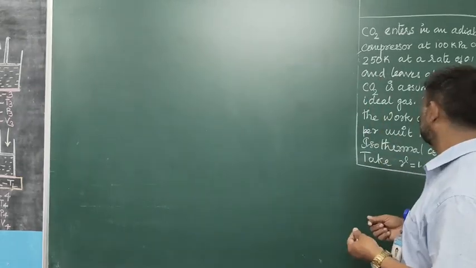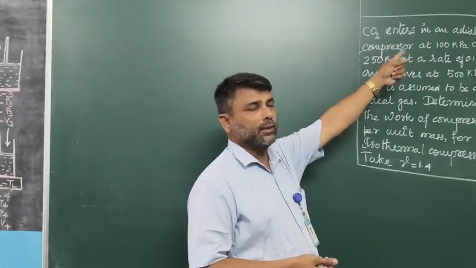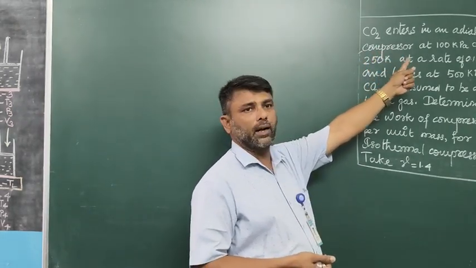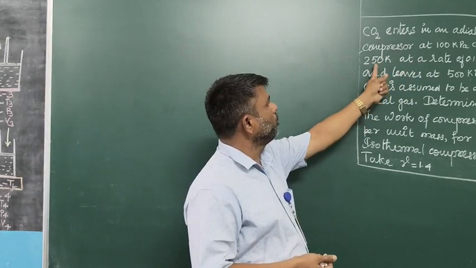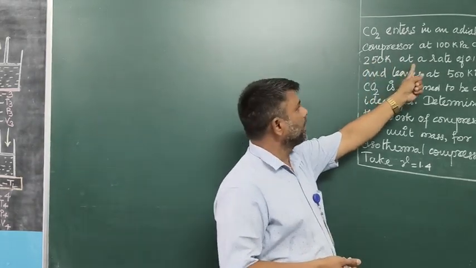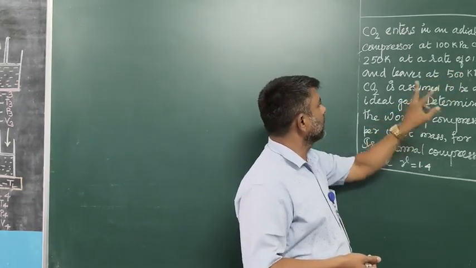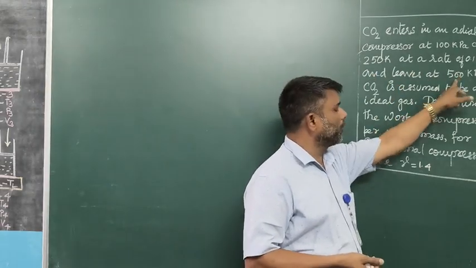The problem is: carbon dioxide enters an adiabatic compressor at 100 kilopascal and 250 degree Kelvin at a rate of 0.1 meter cube per second and leaves at 500 kilopascal.